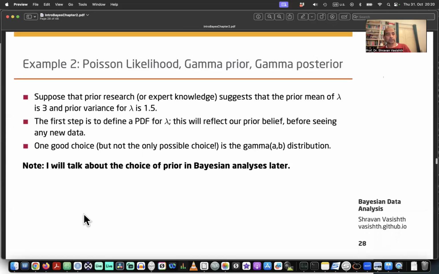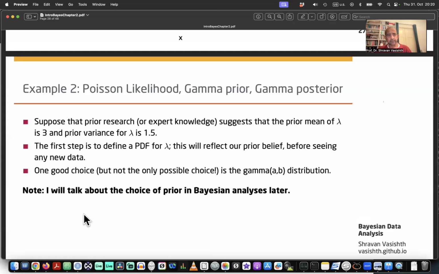Okay, so let's say that the starting point of our research is that we have some data which can be assumed to be coming from the Poisson distribution. And we know that we are going to define a prior for the lambda parameter, but we don't know what values to give to the A and B parameters of the gamma distribution such that we have the appropriate shape, right? But we know one detail from previous research: the mean for lambda is 3 and the variance for lambda is 1.5.